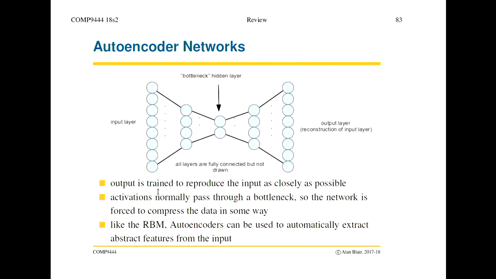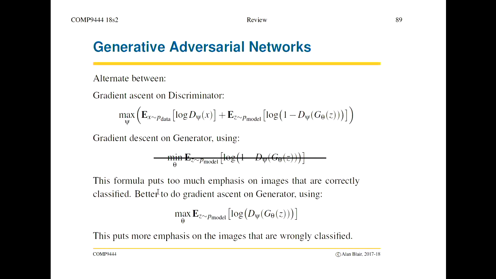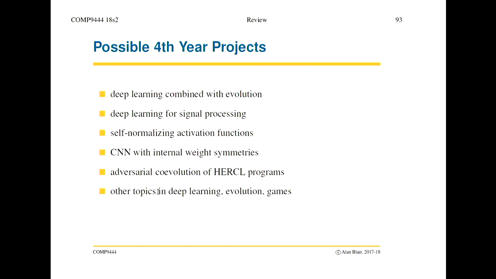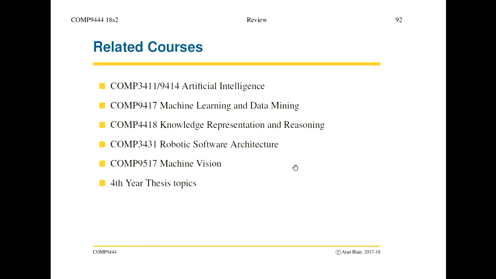Good. Well, okay, if you've enjoyed this course, these are some related courses. Some of you may have done some of these already. AI will be running next term. I think machine learning will be running in term 1 of next year.